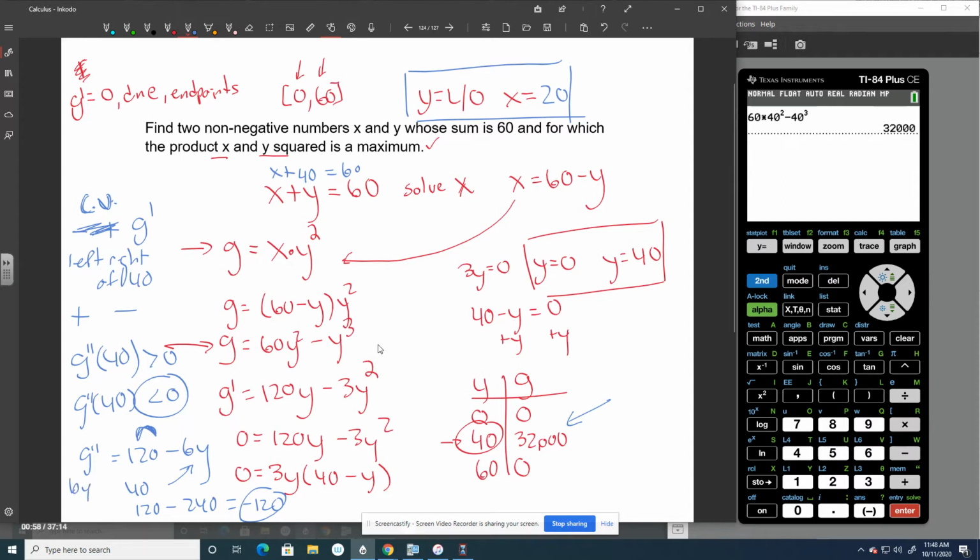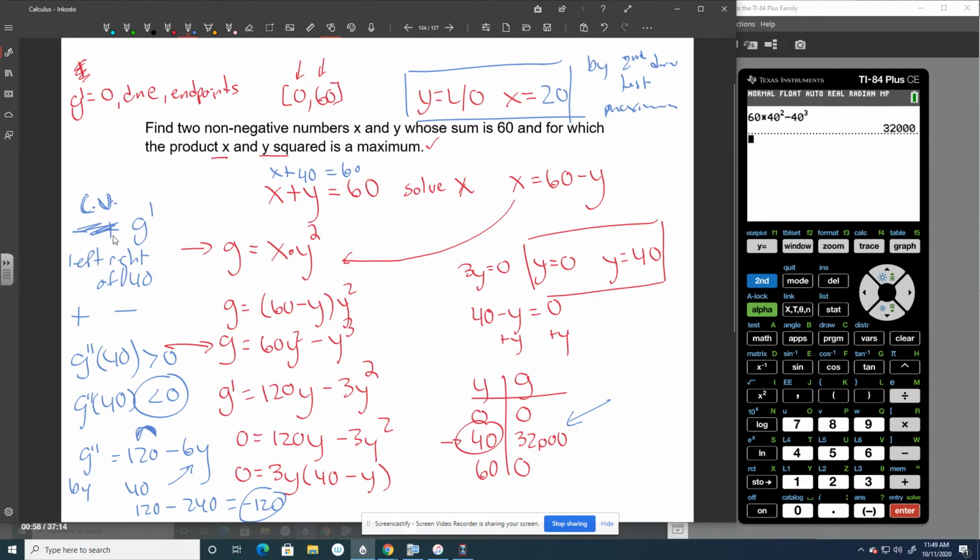So on the AP test, you would have to say, here are the values, and by the second derivative test, that it's a maximum. But you have to show that you've proved that that critical value is actually a maximum.